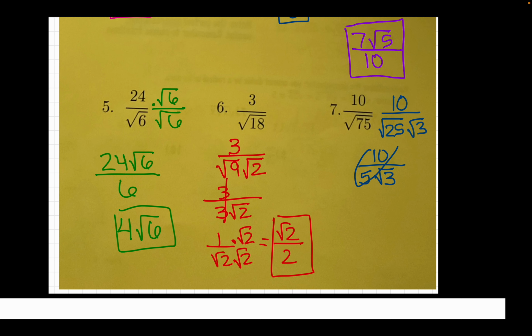Our 10 and our 5 reduce, giving us 2 over square root 3, but we can't have that square root 3 in the bottom. So let's multiply by square root 3. So we get 2 square roots of 3 over 3. And our 2/3 can't reduce at all, so that is our final answer.